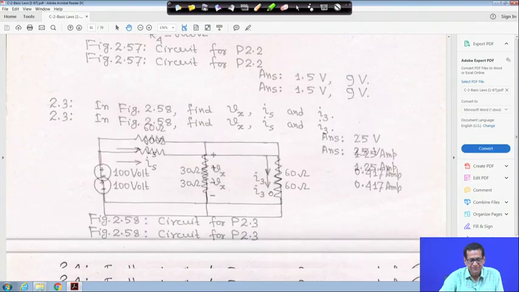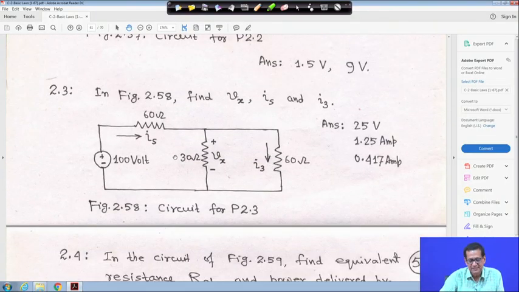Then next problem, in this case it is your series parallel circuit, 2 loops are there, right. You have to find out that Vx, Is and I3, right. This voltage is Vx, this voltage is Vx, right, and this is your Is, and an independent voltage source is there, 100 volt, right, and you have to find out Vx, Is and I3.